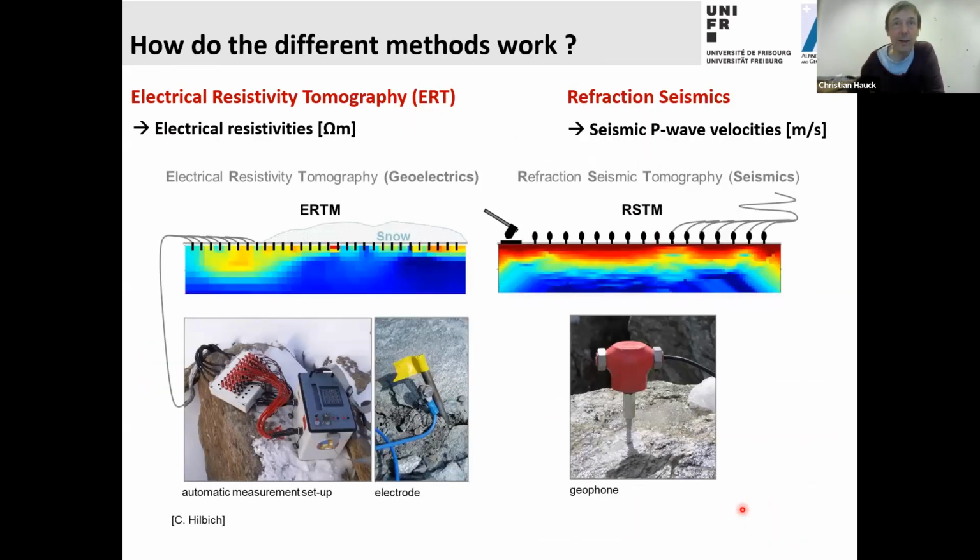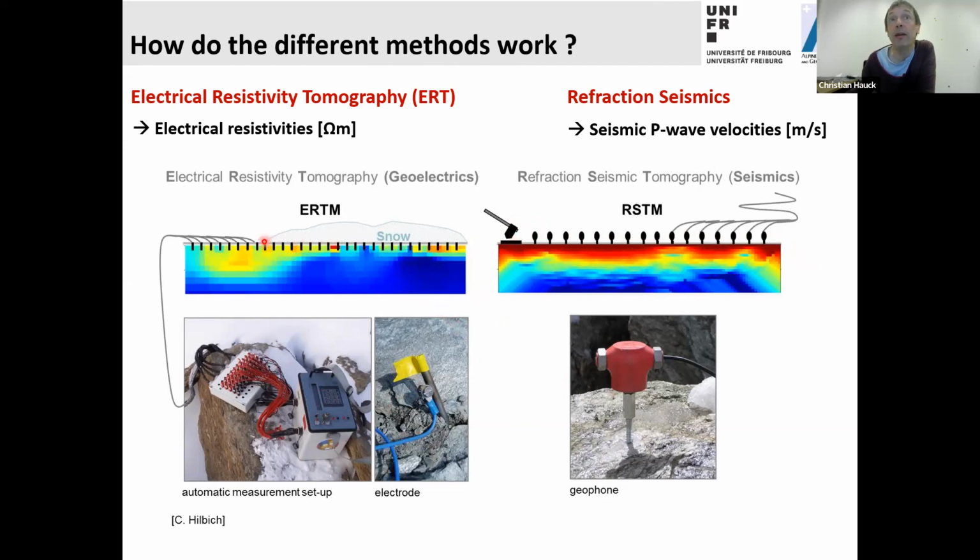Just a quick repetition for those who are not familiar with electrical resistivity tomography and refraction seismic tomography. Both usually use sensors along a profile line, electrodes or geophones. Both have a source, a battery and a seismic sledgehammer, for example.